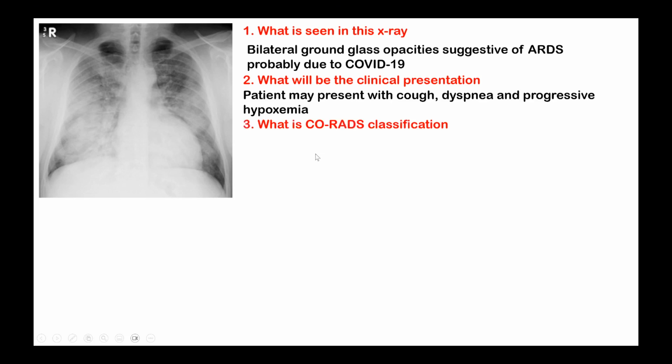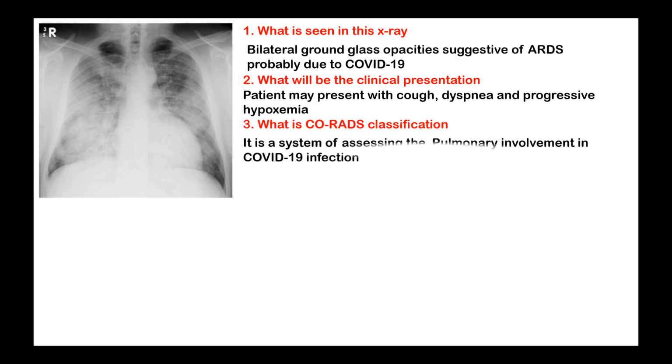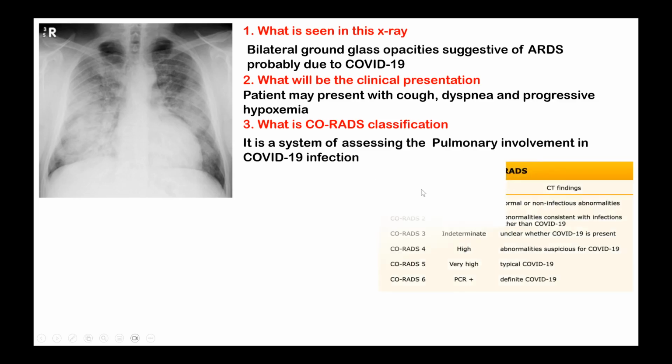What is CO-RADS classification? It is a system of assessing pulmonary involvement in COVID-19 infection. It is described in 6 stages, CO-RADS 1 to 6. 1 means there is absolutely no suspicion of COVID infection, normal, non-infectious.